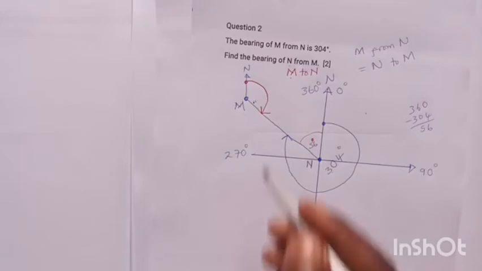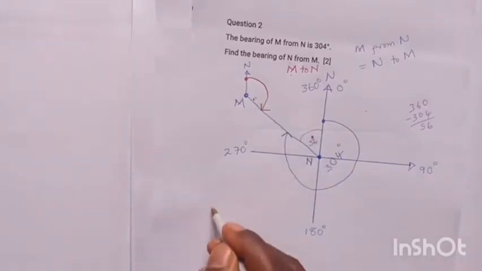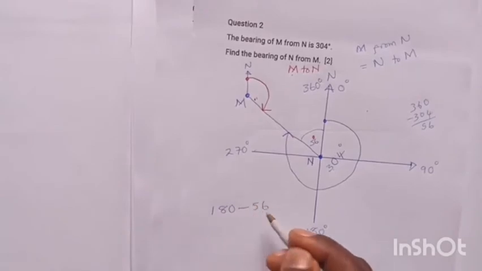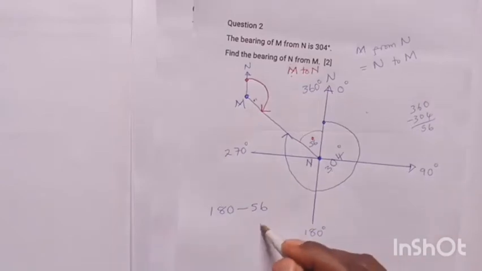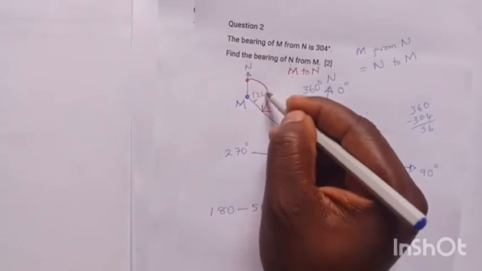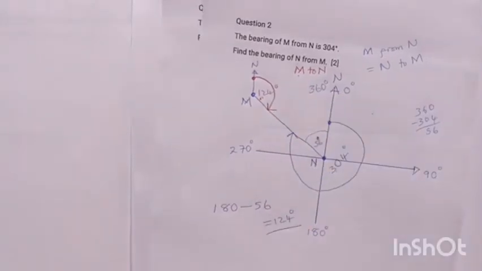So this angle can be calculated by subtracting 56 from 180. 180 minus 56, you get 124 degrees. So 124 degrees is our final answer, representing the bearing of N from M. Stay tuned as we move on to question number 3.